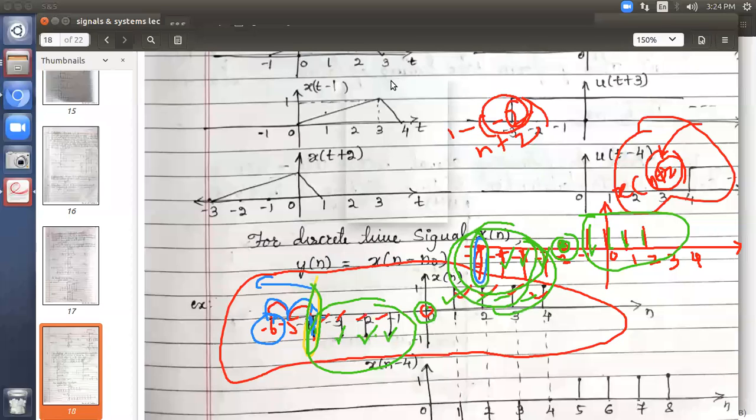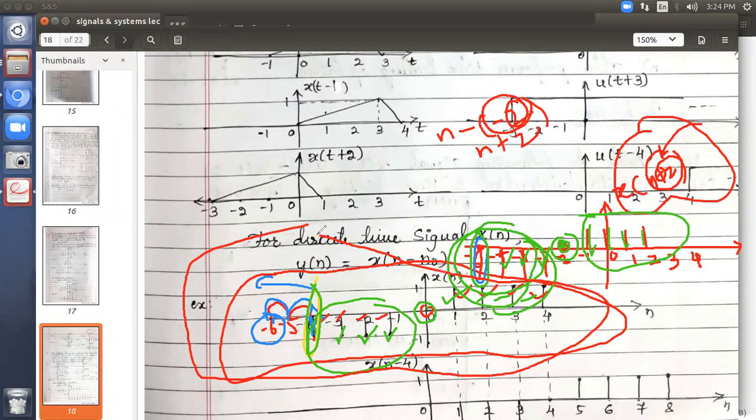Here also, if you observe in your given question, you have got 9 samples. After you shift, you will get 9 samples. You cannot discard any of the samples in case of time shifting. The discarding operation is done only in case of time scaling.